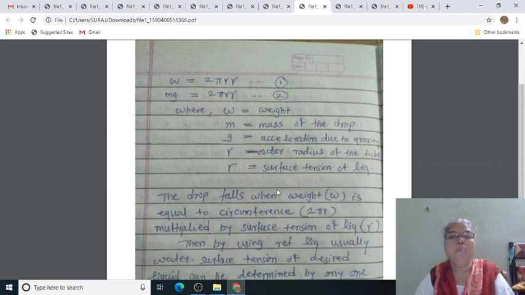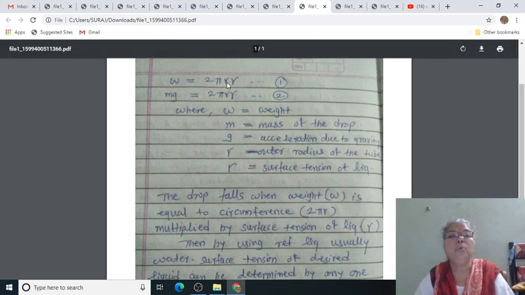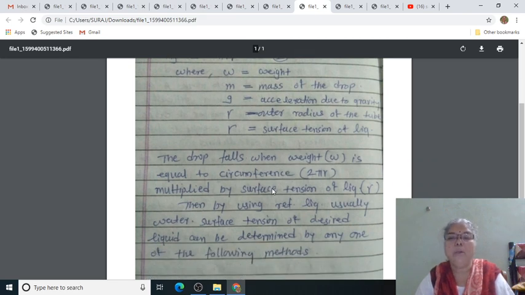Then the drop falls when weight W is equal to the circumference, that means 2 pi r multiplied by the surface tension of the liquid gamma. When W becomes equal to 2 pi r into gamma, then and only then the drop will fall.